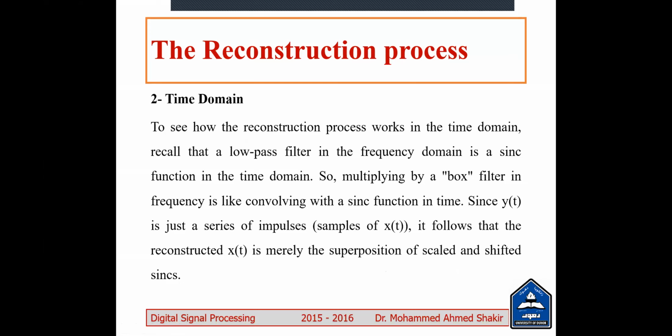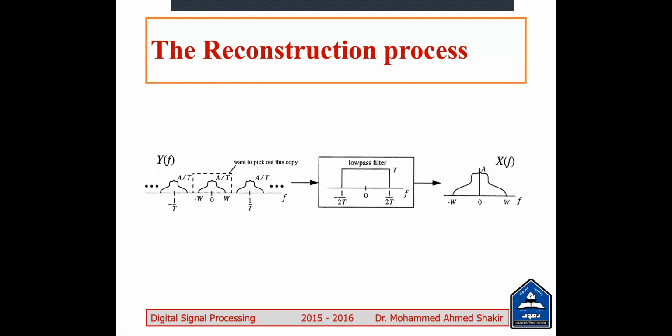Now, what will happen in the time domain when we are going to reconstruct the signal? Let's go back to this diagram. As I have told you before, multiplication in time will lead to convolution in frequency.